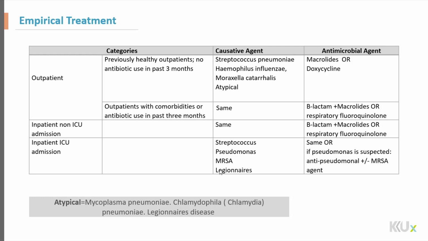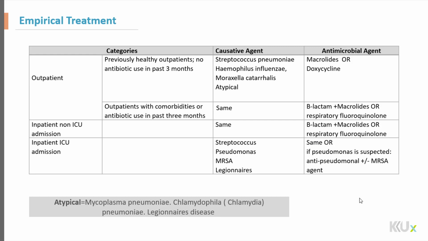In such cases, we suspect, besides what is here, Pseudomonas, MRSA, and Legionella. So if we are suspecting only Streptococcus, we could use the same as inpatient non-ICU, which is beta-lactams plus macrolides or respiratory fluoroquinolones by themselves.